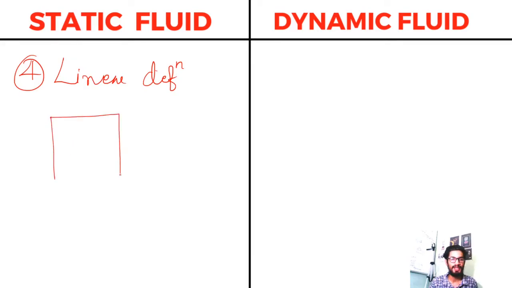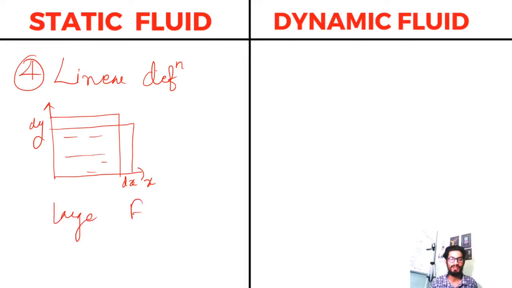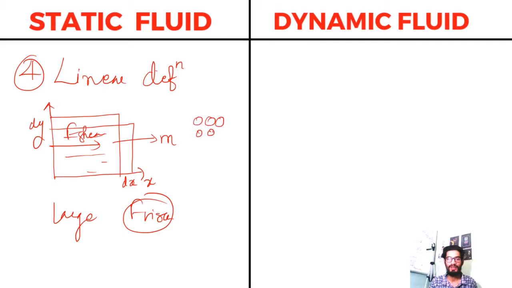The fourth point is linear deformation, meaning the elongation of a fluid element in a particular coordinate. Suppose this is the x, and the fluid moves in such a way that it adds dx to it in the x coordinate and dy in the y coordinate. So this is the linear deformation. The linear deformation in static fluid is large. Why? Because there is no viscous force that comes into play when shear force is applied or when the fluid is moving, because the layers are not moving relative to each other.